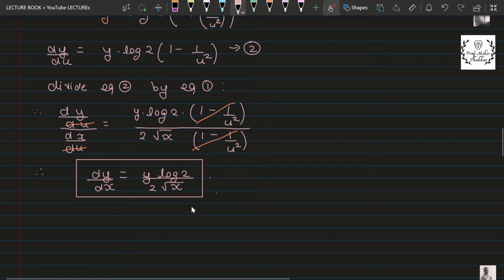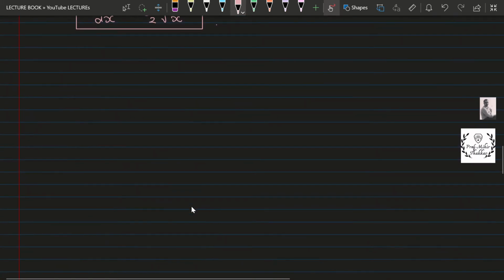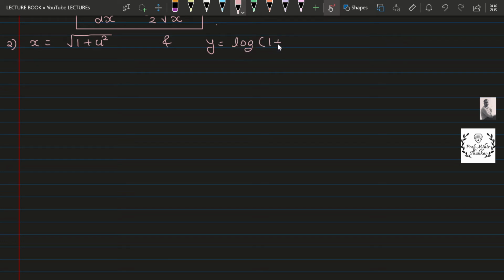So that was your sum number 1 of question number 2. Let us check out question number 2, guys. Question number 2 says x is equal to under root of 1 plus u square and y is equal to log of 1 plus u square.